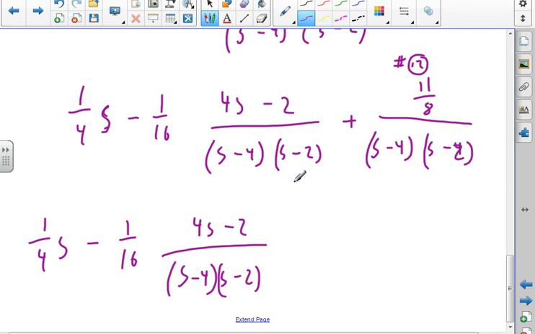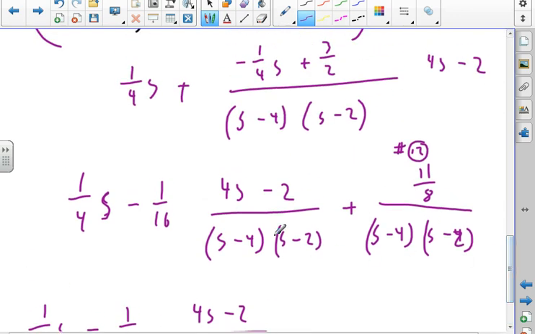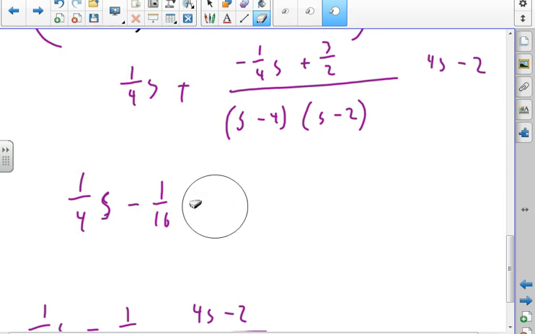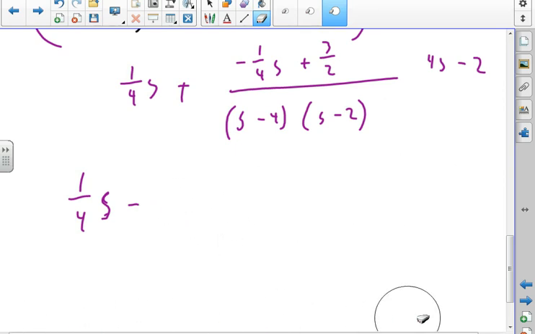Yeah, that 1/16 goes back in front. That's not number 14. That s has to be on both of those terms on top. This s is distributed in the equation. Yeah, so I didn't do that one right. So this is okay up to here. We'll get rid of those guys, and we'll look at it again.